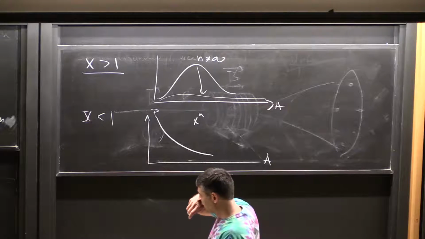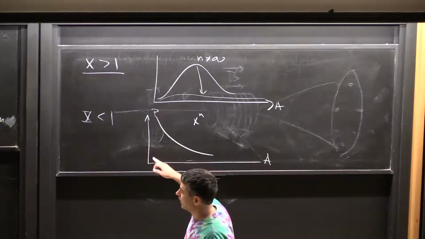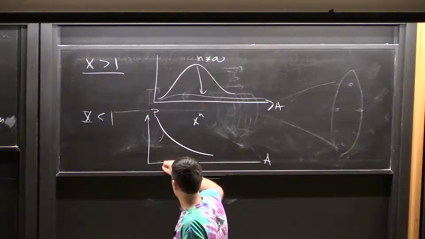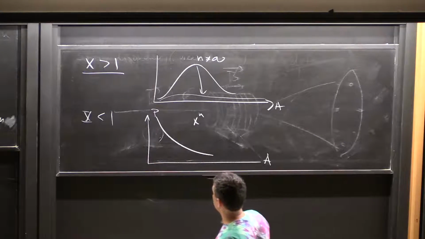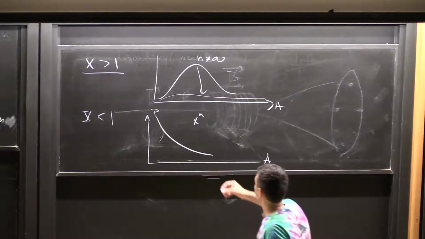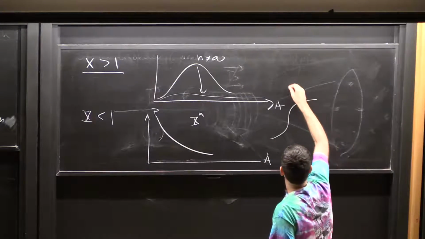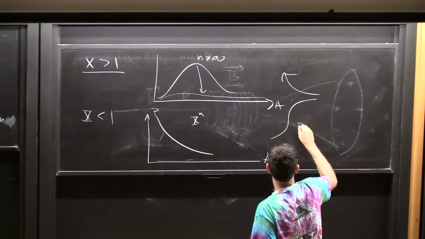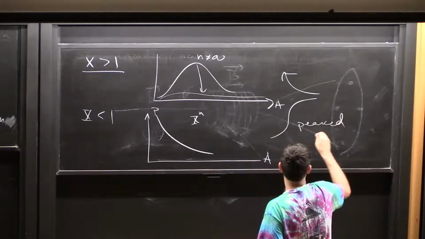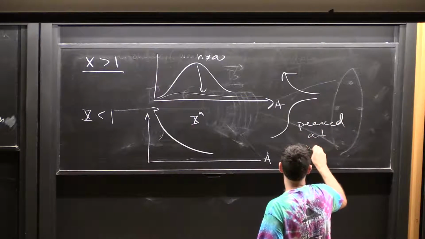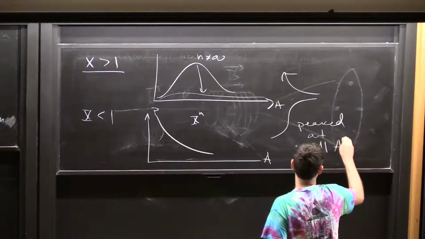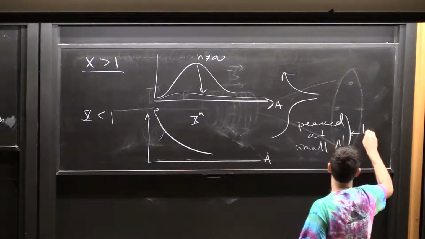And you can see that the distribution becomes highly peaked at small a. It's not saturating, it's not spreading out, so it's peaked at small a's, and this is localization.